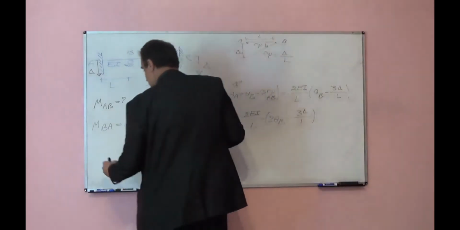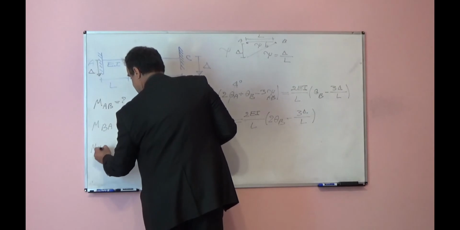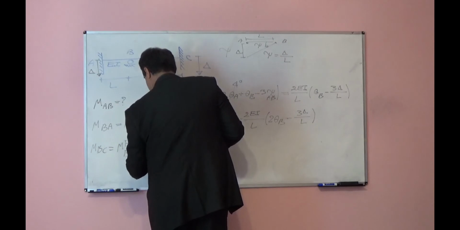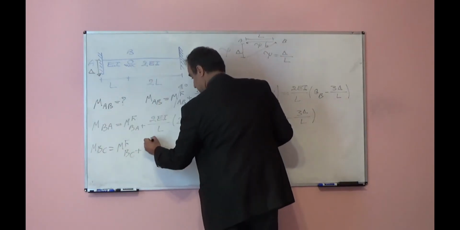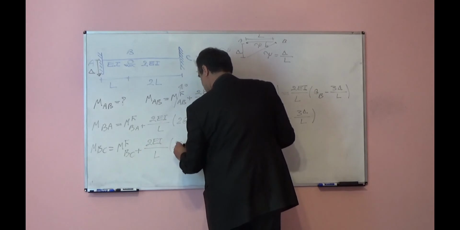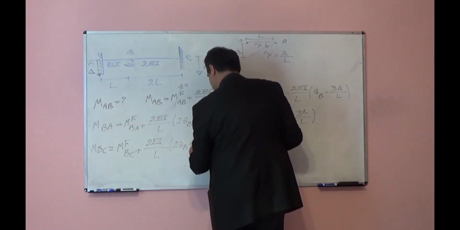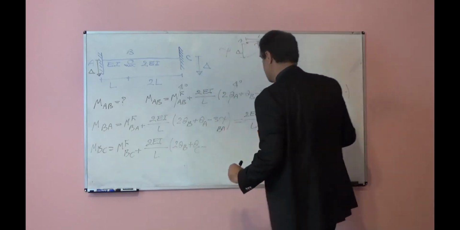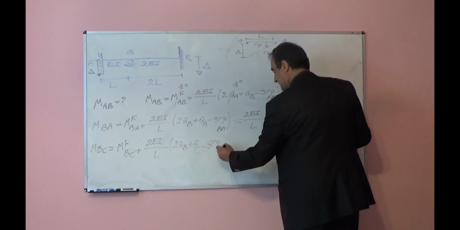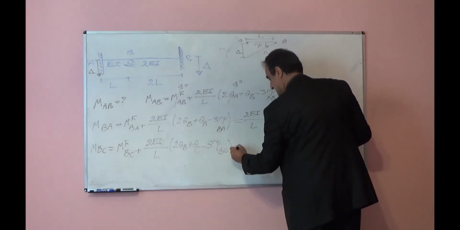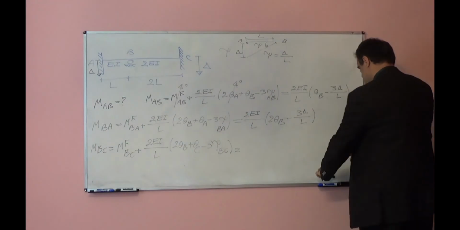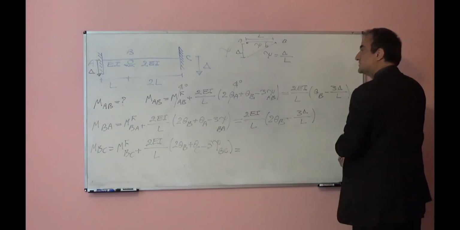Let's look at M_BC. M_BC is equal to M fixed BC plus 2EI over L, 2 theta B plus theta C minus 3 psi_BC.